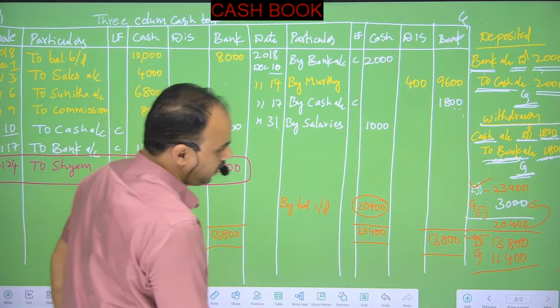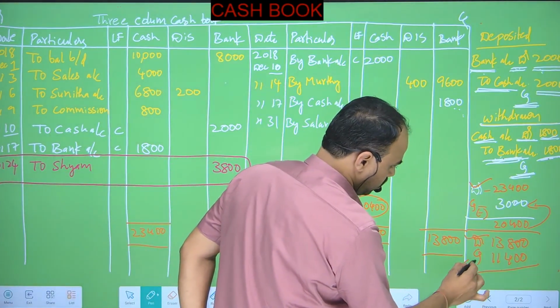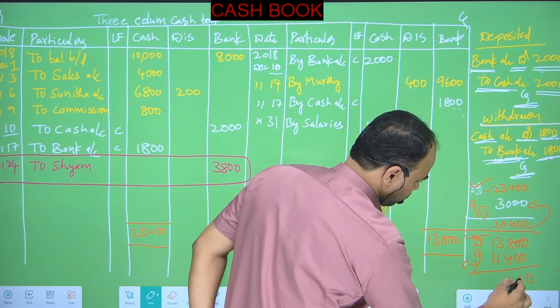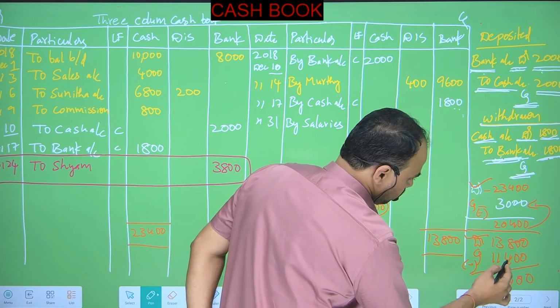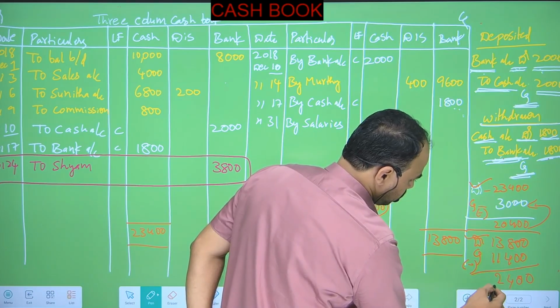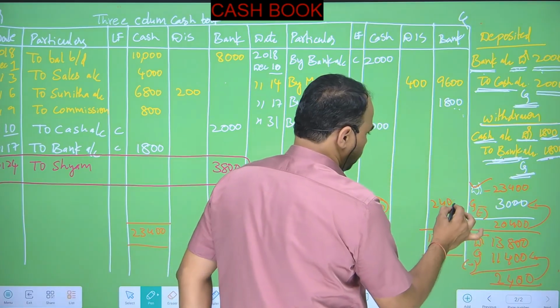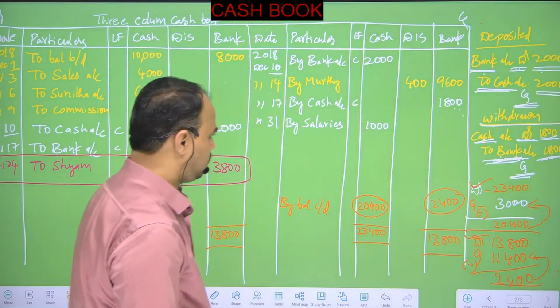Now subtract the small amount from the big amount: 8 minus 4 is 4, 3 minus 1 is 2. So 2,400 goes on the credit side because credit is the smaller amount. This is the final answer.